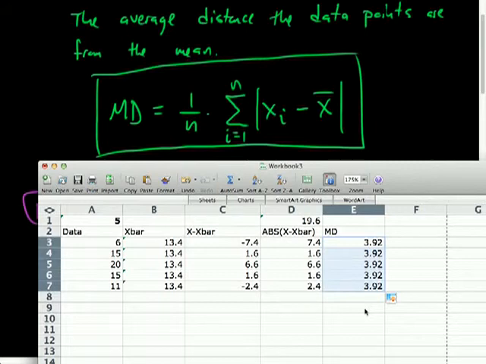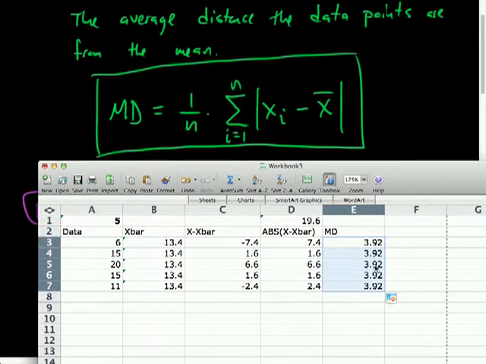If my mean deviation was really small, so if I had a data set that still had an average of 13.4, but my mean deviation was like 0.5, I would interpret that as saying my data is super close to that mean. It's only like on average a half a unit away in either direction.